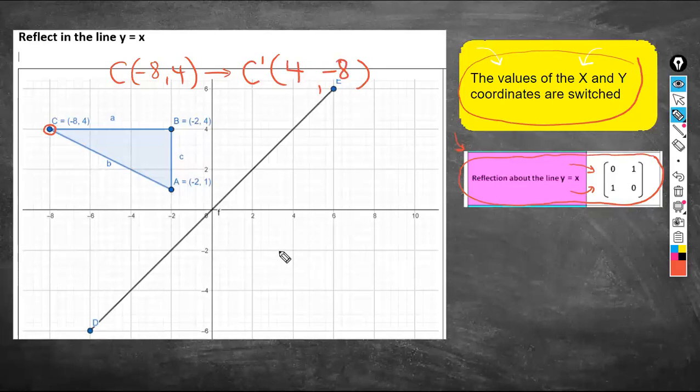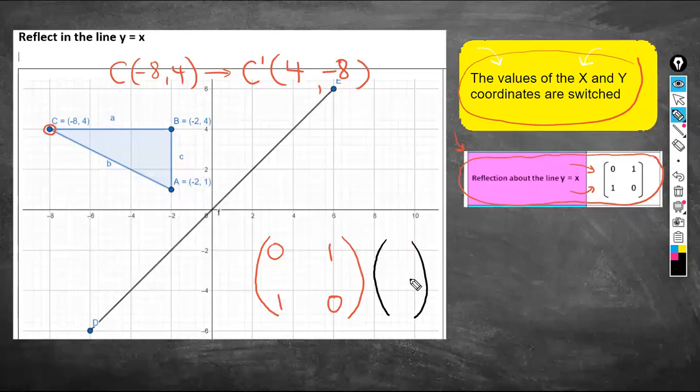I want you all to prove to yourself that you will get the same answer using the matrix. So we're going to take the matrix, which is 0, 1, 1, 0, which you have to memorize for the exam. And you have to multiply it by point C. Remember, when it's time to multiply it by point C, this is x and this is y. The x value goes on top, the y value goes underneath.